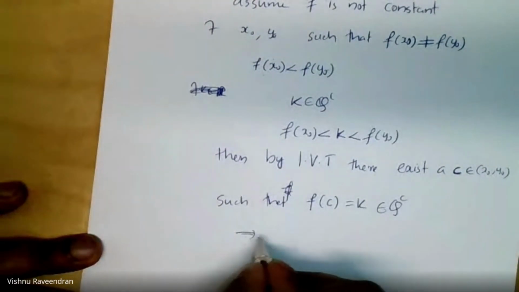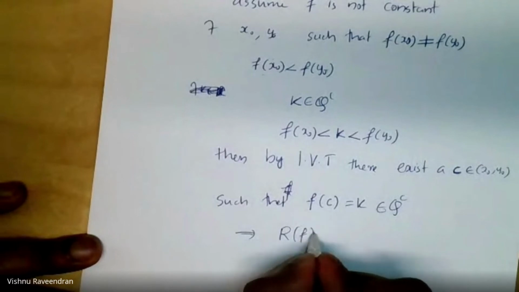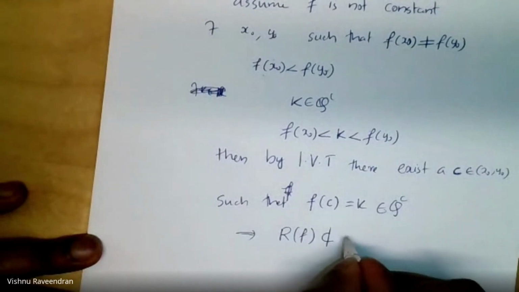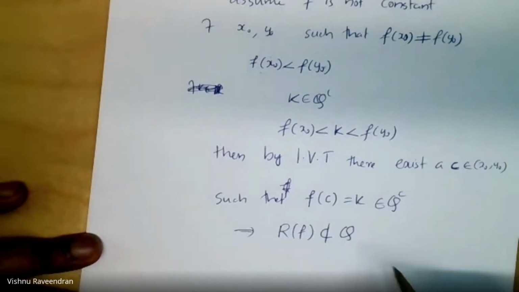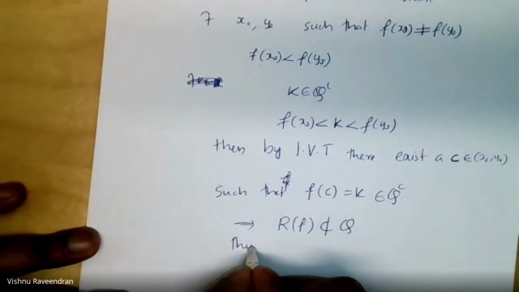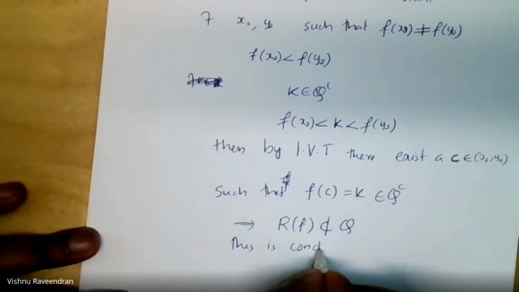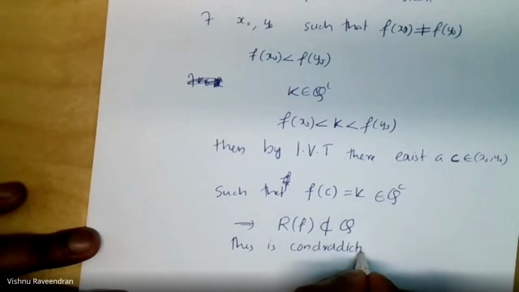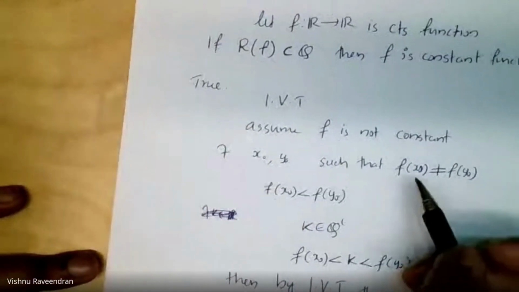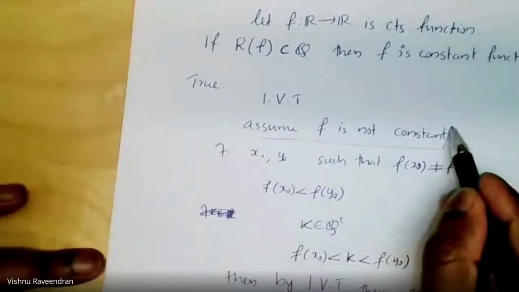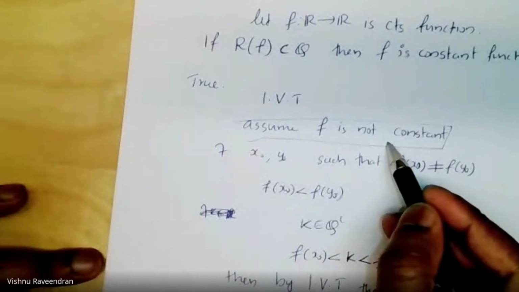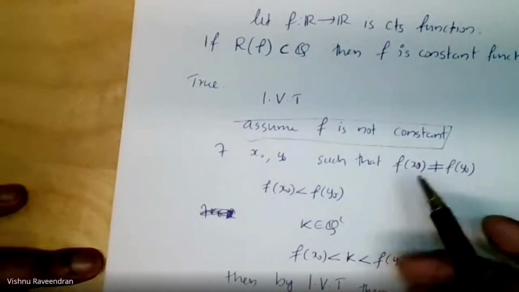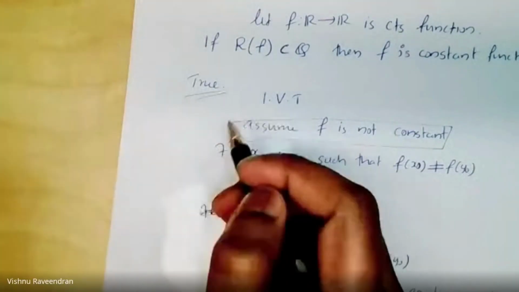So this contradicts the fact that the range of f is Q. So this is a contradiction. So the statement is true. f must be a constant function. So the whole statement is true.